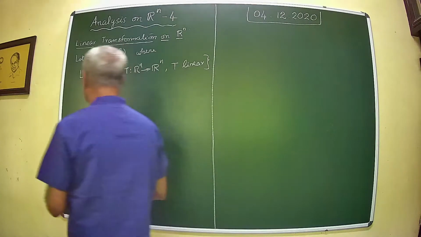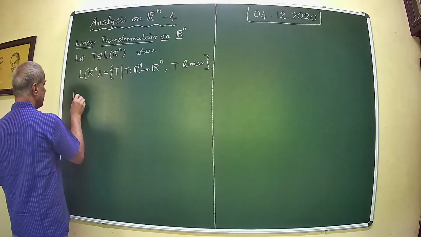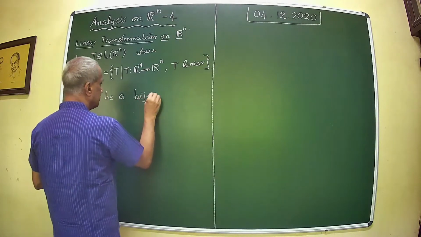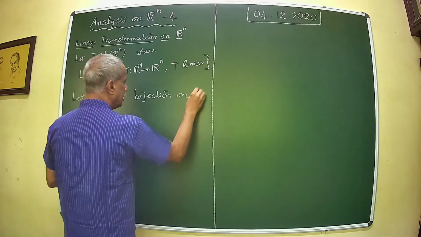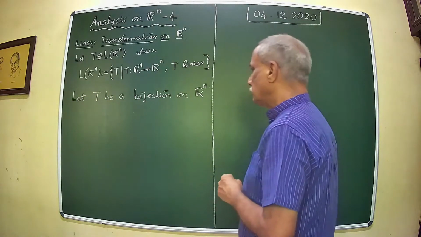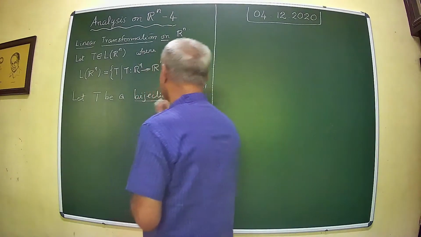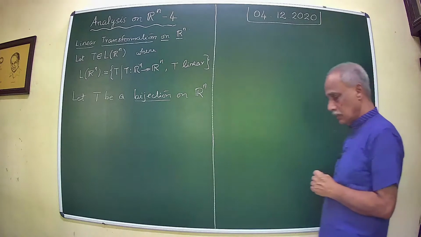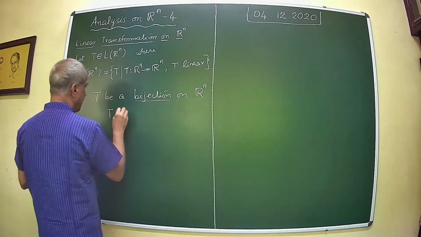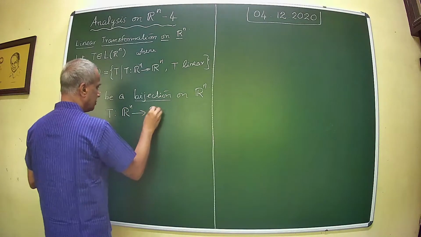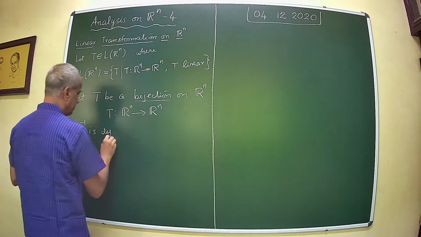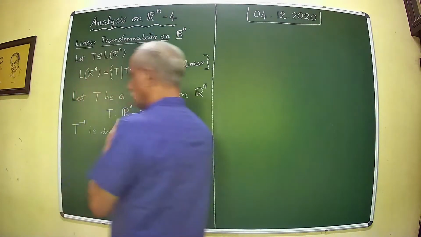Now we look at the following. Let T be a bijection, that means it is both one-to-one and onto. Then as a map, T is from Rn to Rn, and T inverse is defined. How is T inverse defined?